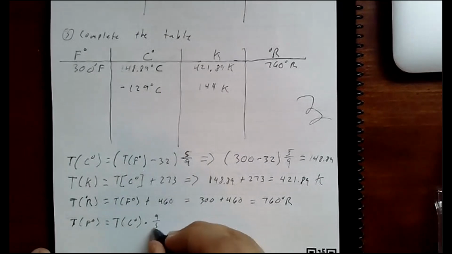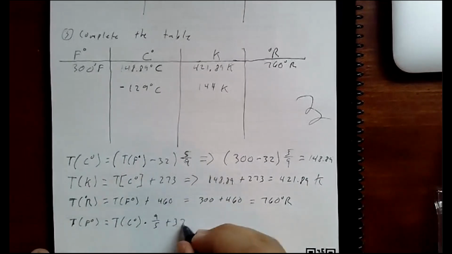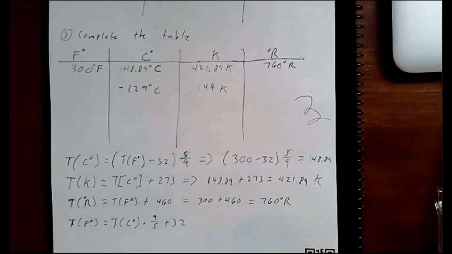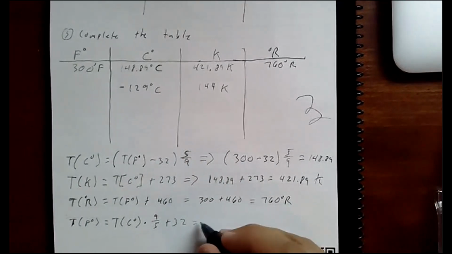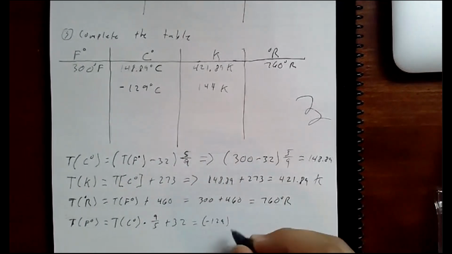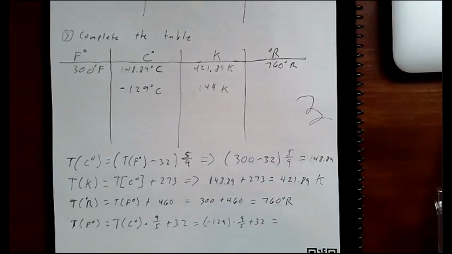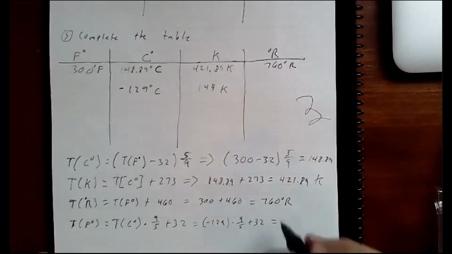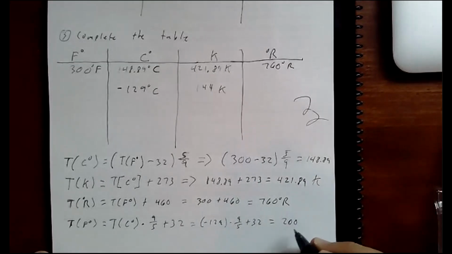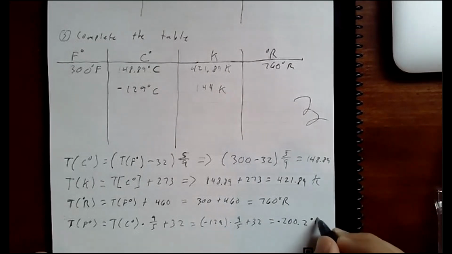Multiply by 9/5 and add 32. So we would have negative 129 times 9/5 plus 32. That would be negative 200.2 degrees Fahrenheit.